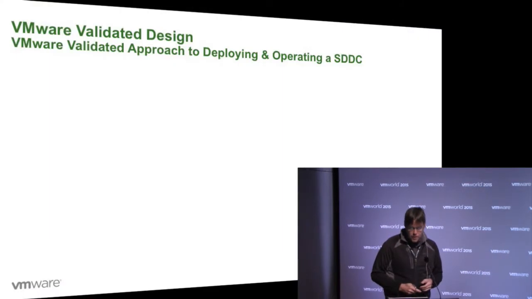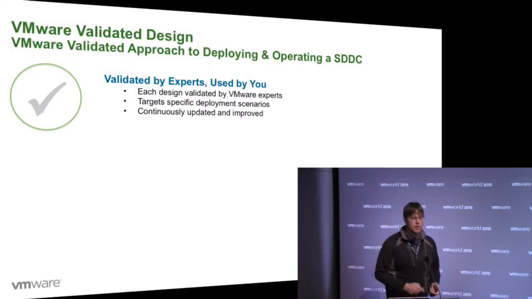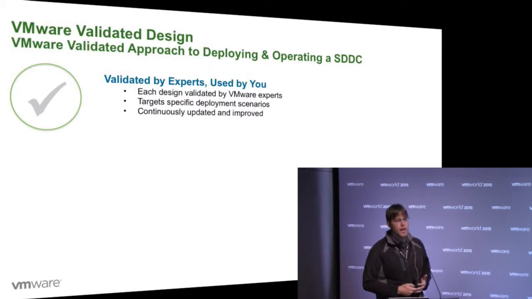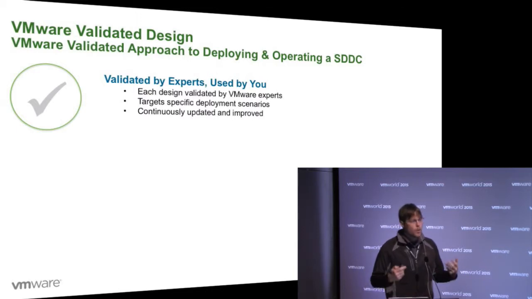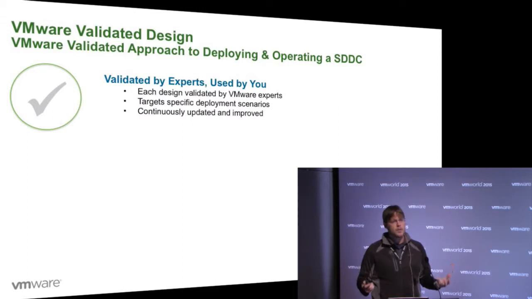So one of the reasons that these validated designs are so useful is they're not just developed in a vacuum. These are developed by our experts. And these experts are folks in engineering, technical marketing, global support services, product management, etc. So we're working diligently to provide these VMware validated designs, and they're going to be used by you. So we create these validated designs with all our components.